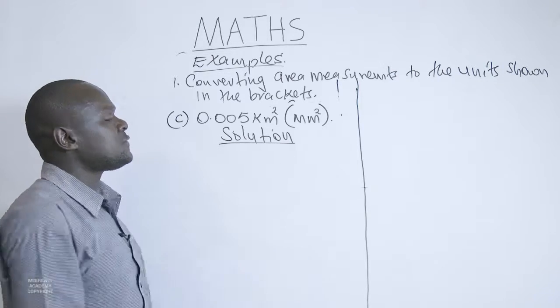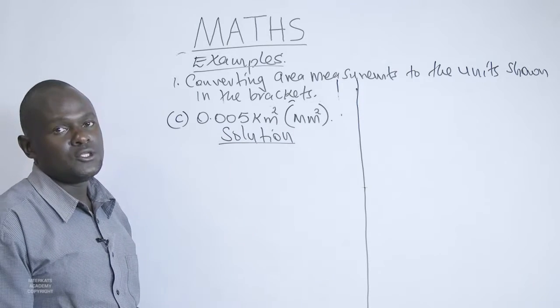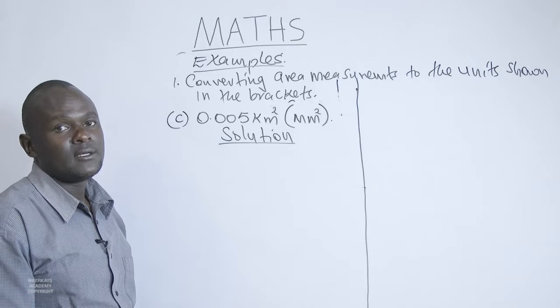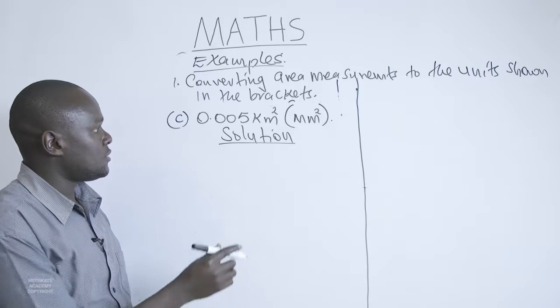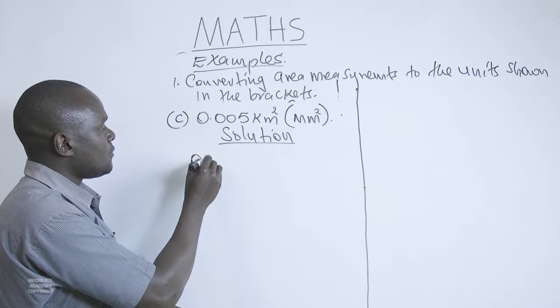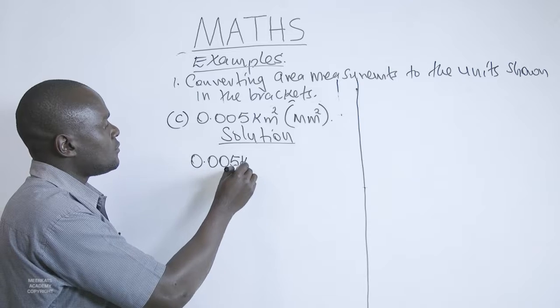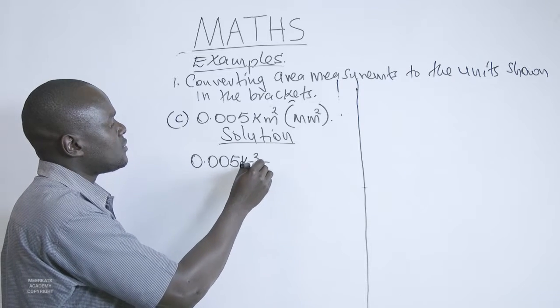So to be on the safe side, we can convert this through all those units before we arrive at our desired unit. So 0.005 square kilometers.